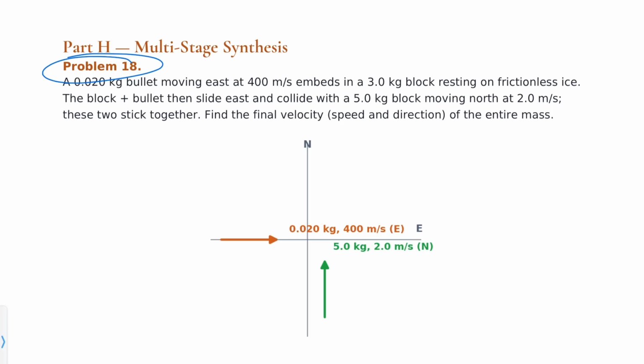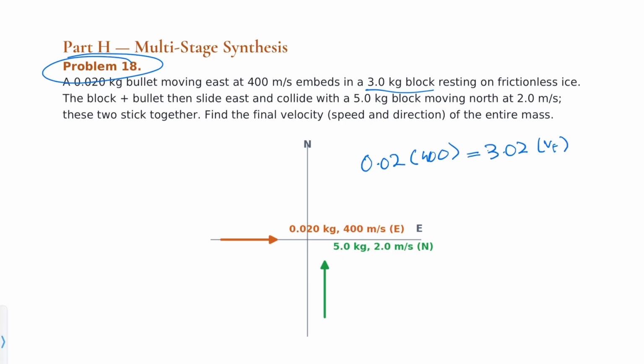Okay, so here, our initial momentum is 0.02 times 400, right? That's going to be equal to, so they collide and stick together. And then this is going to be inelastic, so it's going to be 3.02 times the velocity of that.